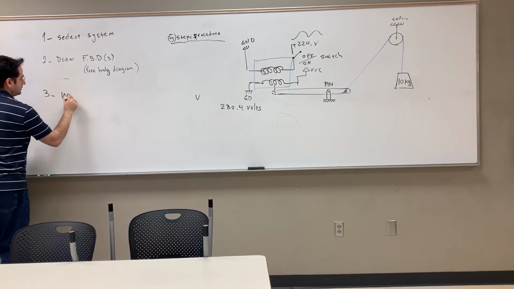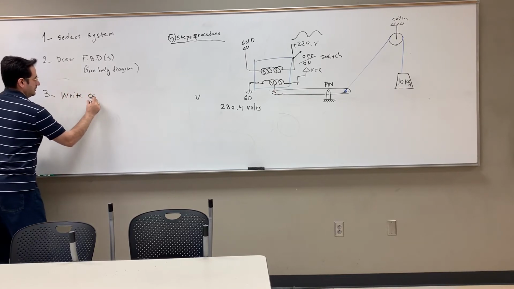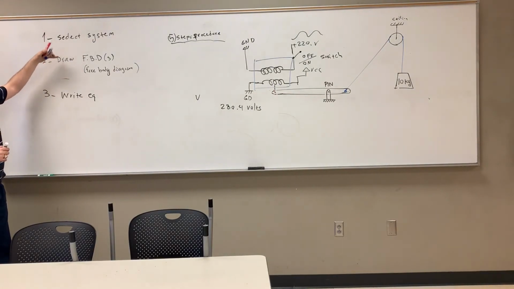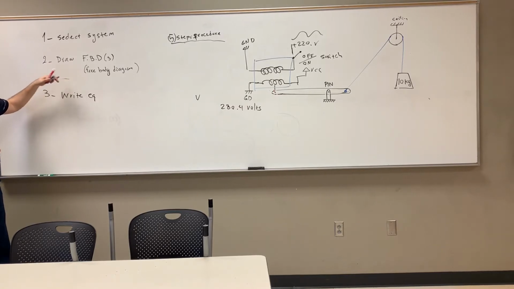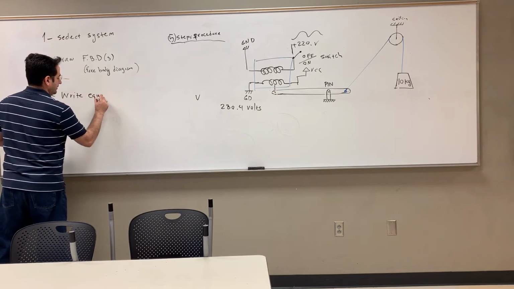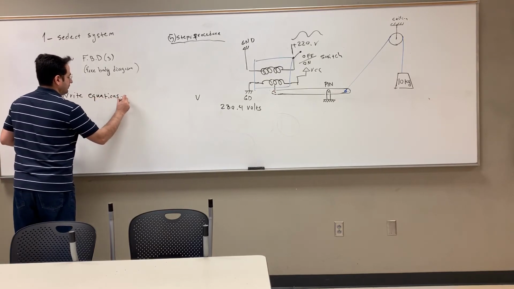Write equations of equilibrium. You have no idea right now about all these things, but we are going to go into every single one of these soon. So I just want to give you the overview. Write equations of equilibrium.